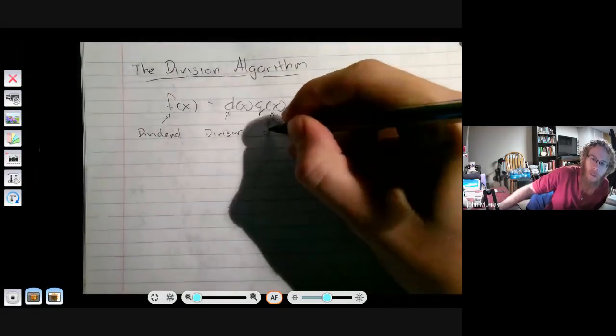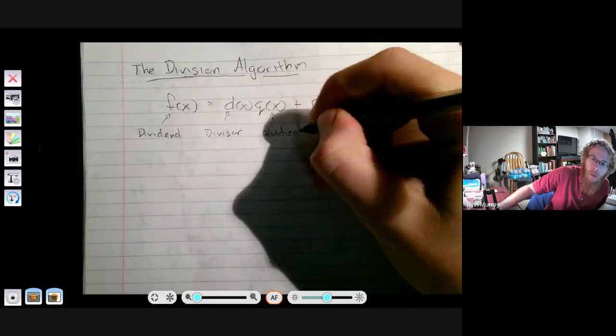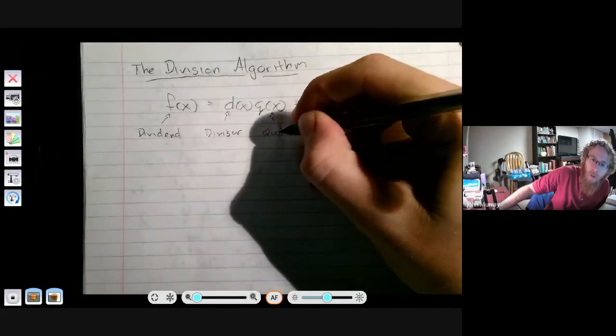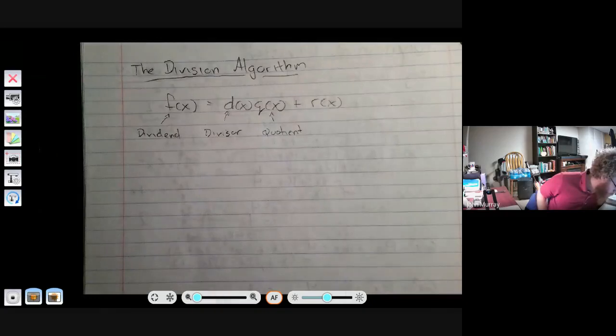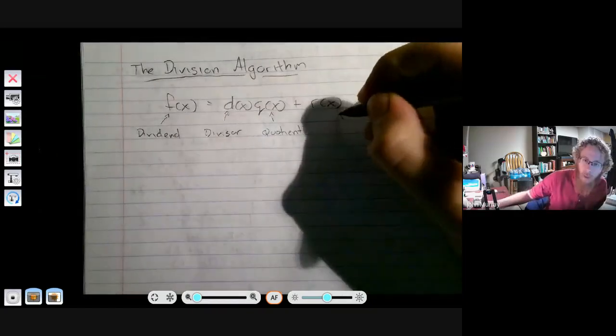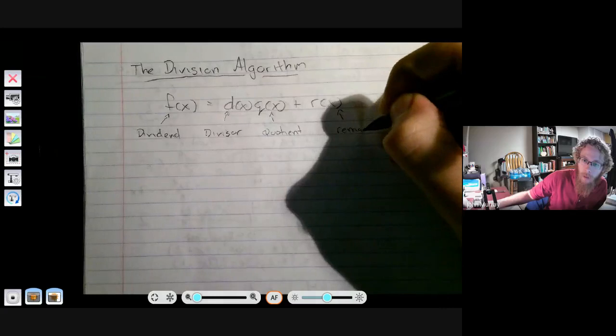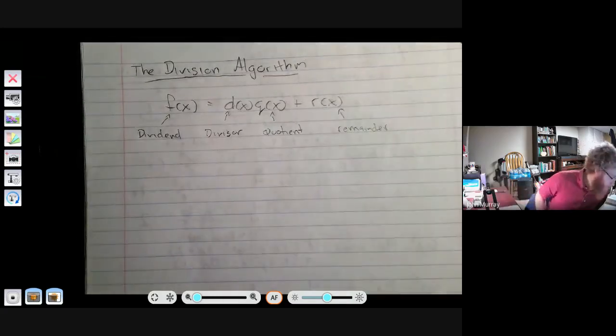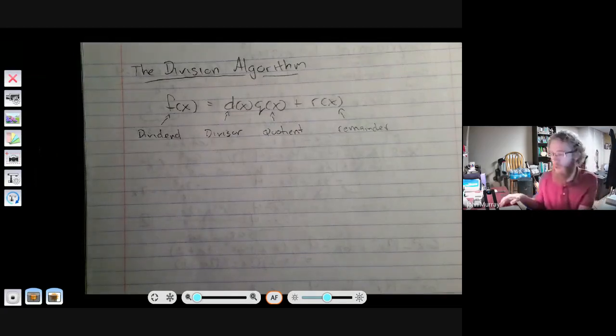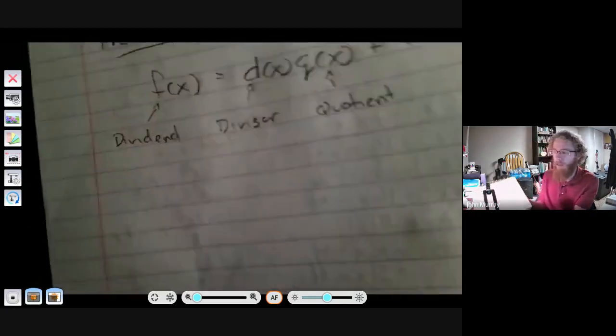This here would be the quotient. And the last part would be the remainder. We saw that with both of our equations.